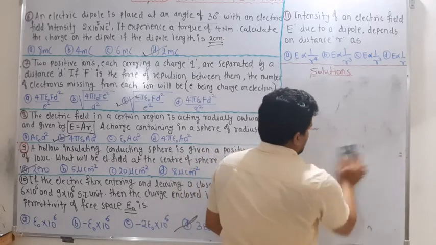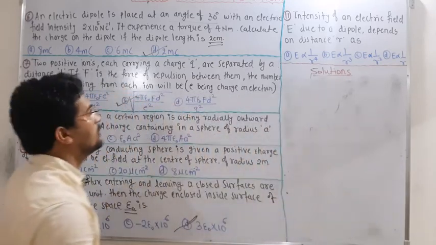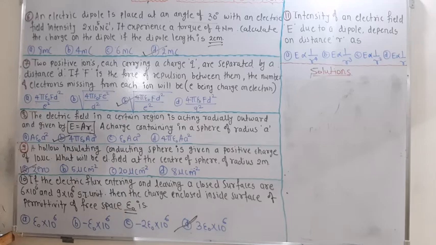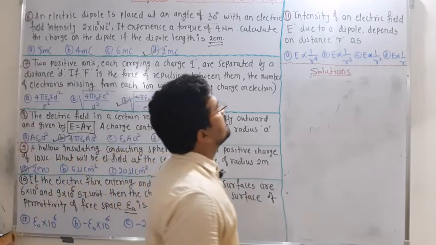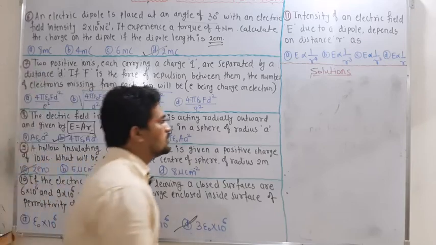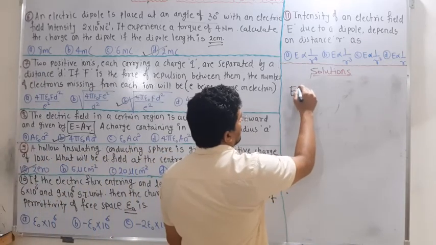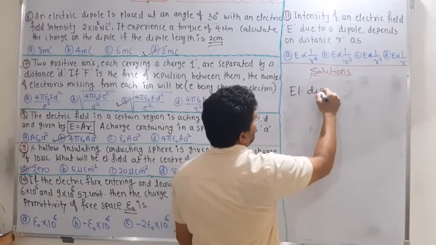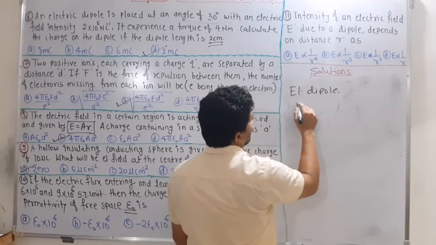Next one, that is question number 11. Intensity of the electric field E due to a dipole depends on the distance r. So electric dipole you have to take. What is the electric field of a dipole?